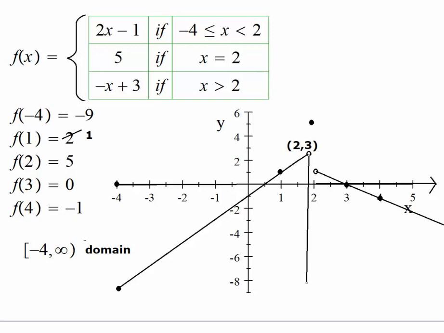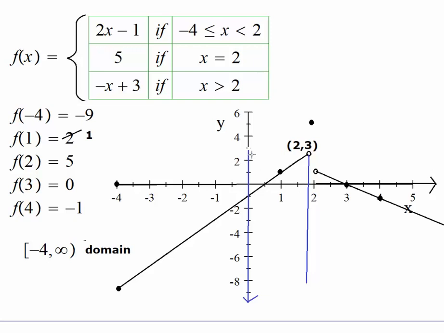So for the range of y values, let me change the color a little bit. What we can take is that all the y values below 3, of course excluding 3, will be in the range, or in other words, 3 is not included in the range. So all the y values below 3 are in the range, and the value 5 is in the range as well. So how are we going to write this?